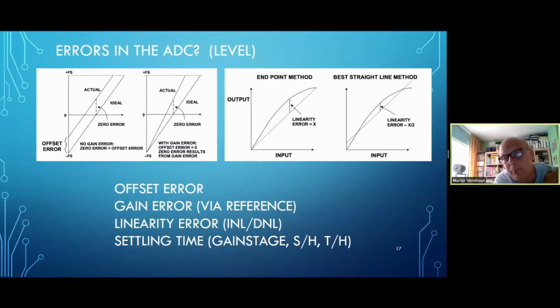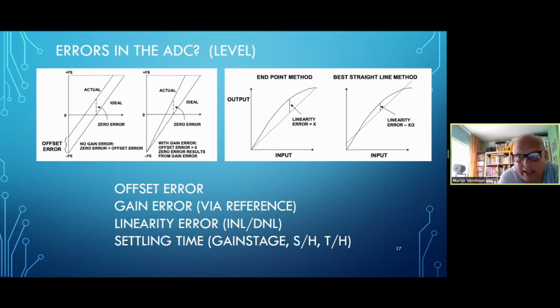And there are many things which can go wrong. We can have an offset error in your analog to digital converter. That means the code coming out does not reflect the actual level, but a little bit of plus and a little bit of minus. You can have gain errors. That means if the value is doubled in the real world, it might be more than doubled or less than doubled in the math domain as a number.